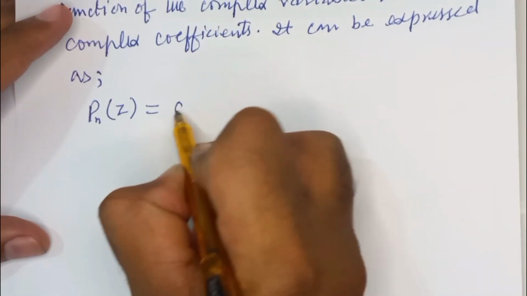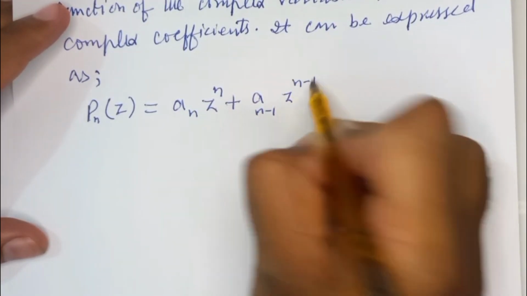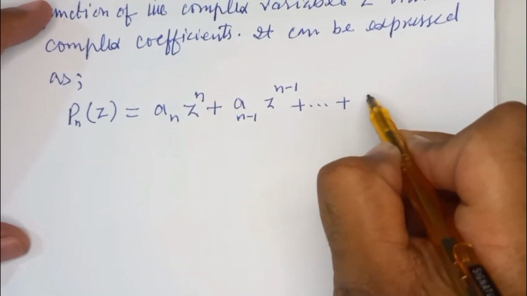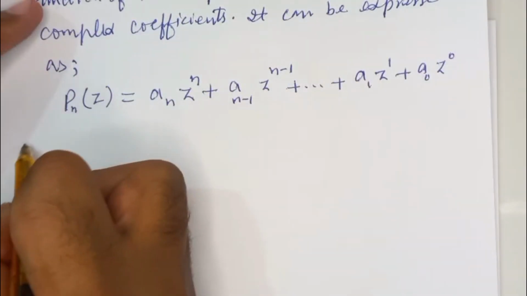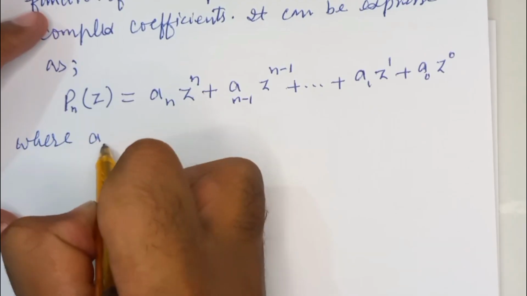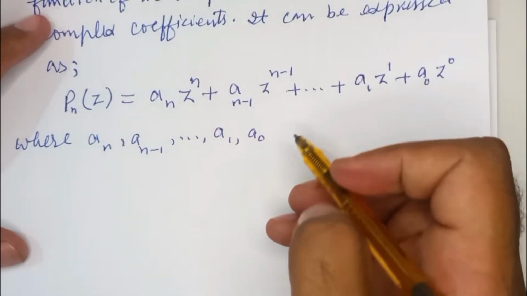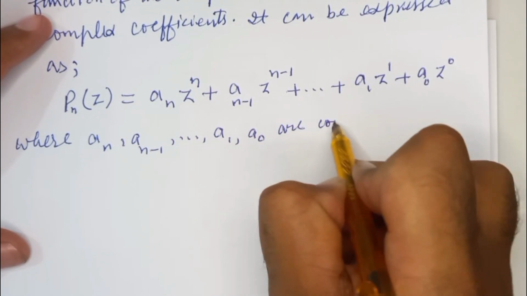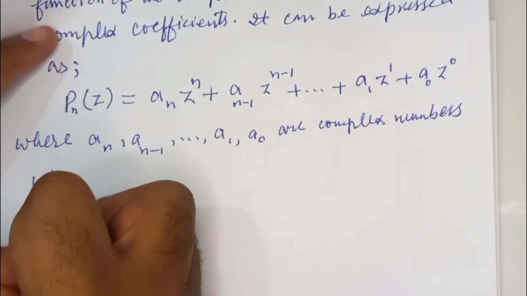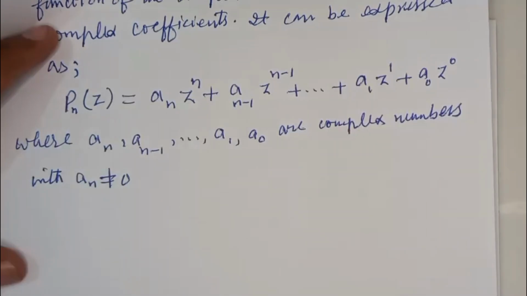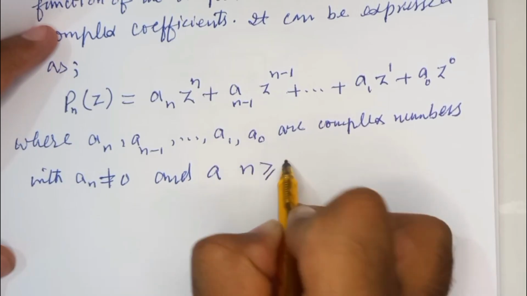It is equal to a n z raised to the power n plus a n minus 1 z to the power n minus 1, and so on up to a1 z plus a0, where a n, a n minus 1, and so on up to a1, a0 are complex numbers with a n not equal to 0 and n greater than or equal to 0.